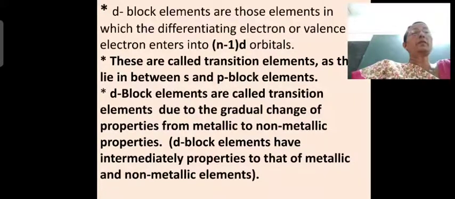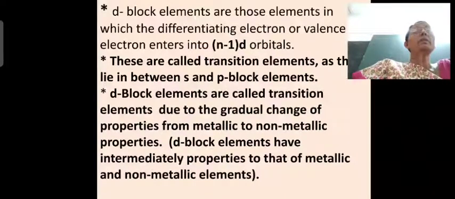Now what do you mean by this? Suppose n equal to 1, you don't have d orbital, right? Because you should have n minus 1 d. N equal to 2, you don't have it. N equal to 3, n minus 1 becomes 2, so 2d, which you also don't have.